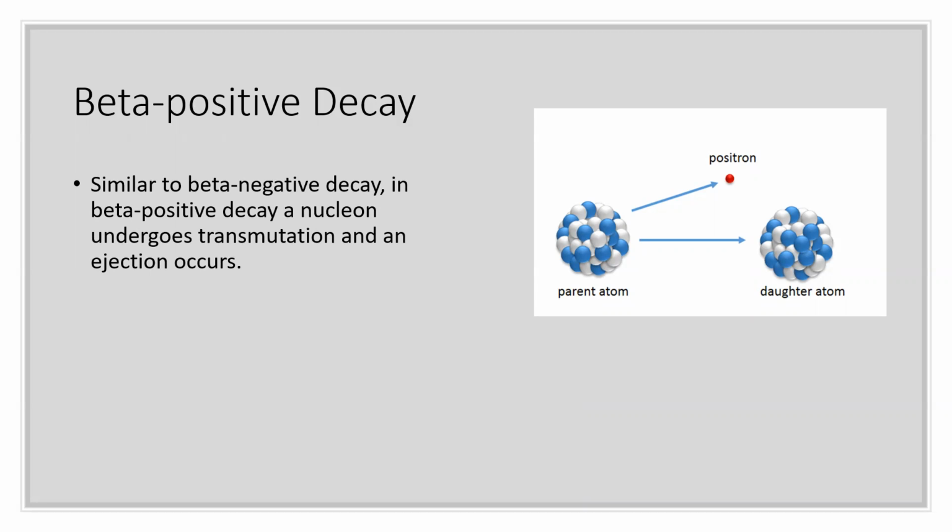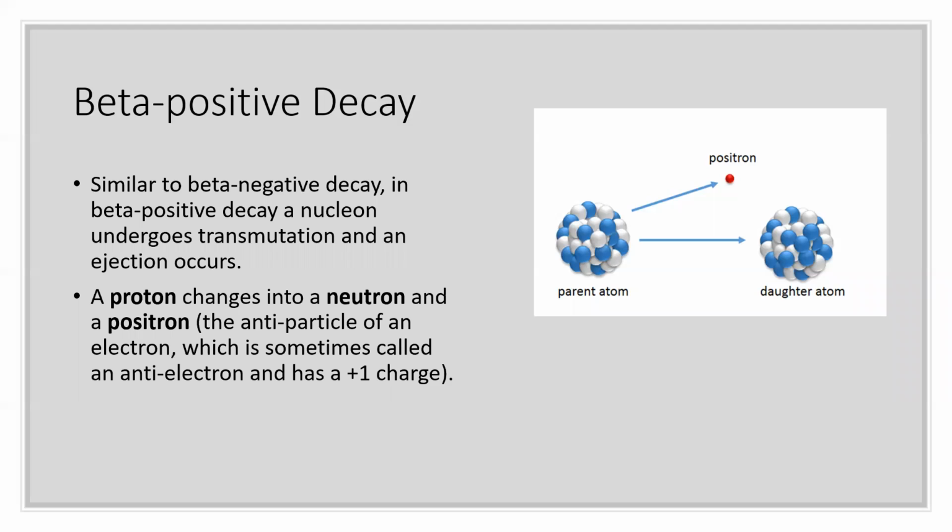That's a fancy way of saying that particles inside the nucleus can change and get yeeted. A proton, in this case, changes into a neutron and a positron.